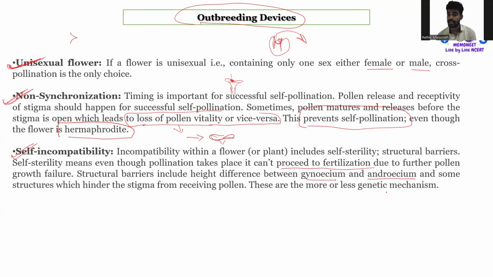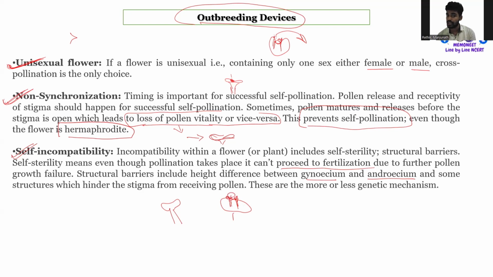So these are more or less genetic mechanisms. If there is a flower, the anther will be different and the stigma will be different.